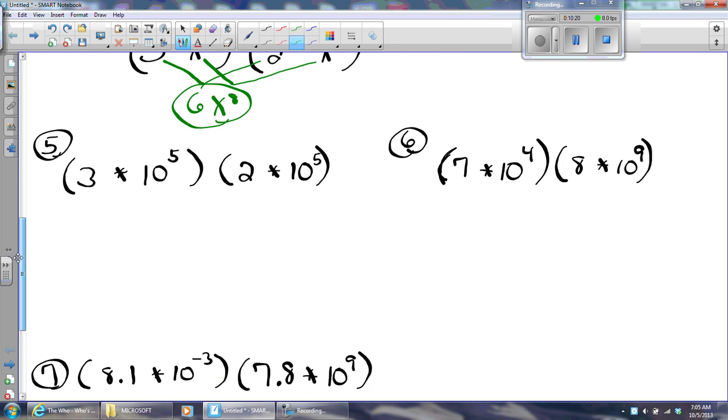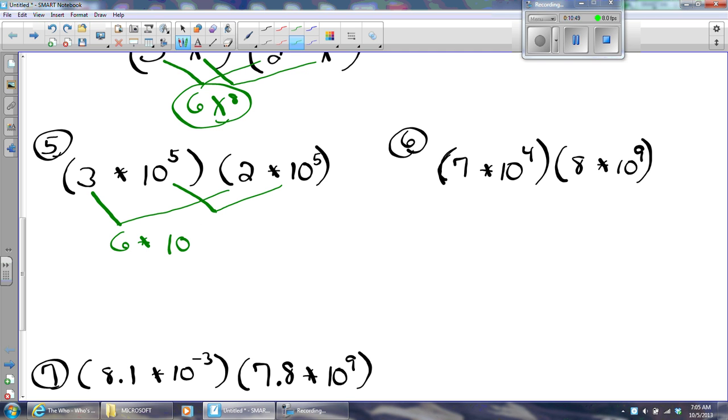Well, it's the same problem in scientific notation. This 10 to a power behaves like a variable. It's a base to a power and a base to a power, and they don't have to match. They just happen to match in this case. Most of them won't match. I'm going to multiply 2 times 3, and I'm going to get 6 times 10 to the 5th times 10 to the 5th.